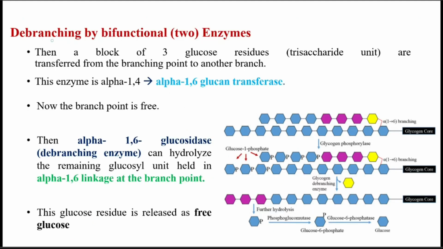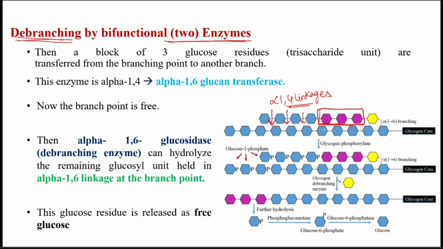Next, the process is called debranching, and this debranching is done by 2 enzymes. We have seen that glycogen phosphorylase cleaves the alpha 1,4 linkages in the straight chain, and this cleavage continues till it reaches a 3 unit, or trisaccharide unit, away from the branch point.